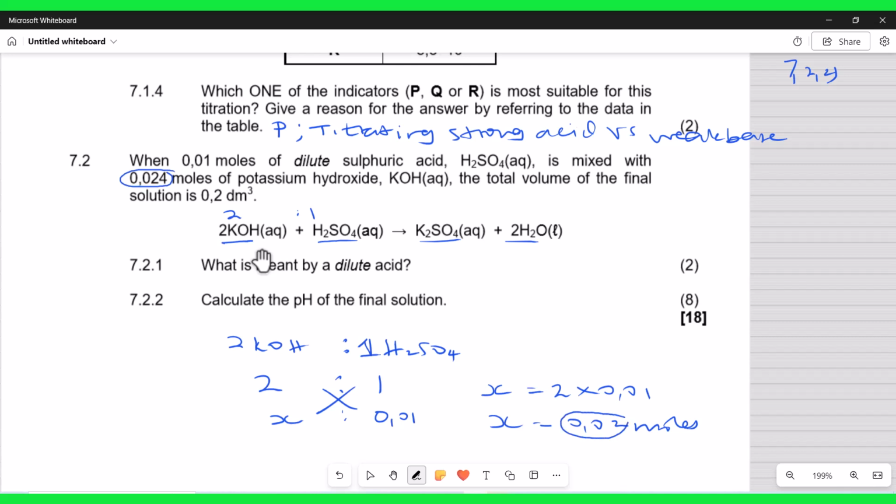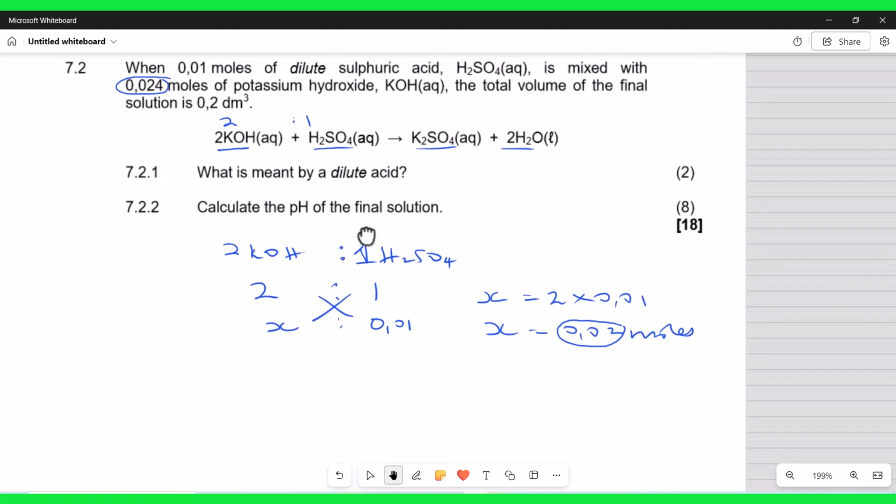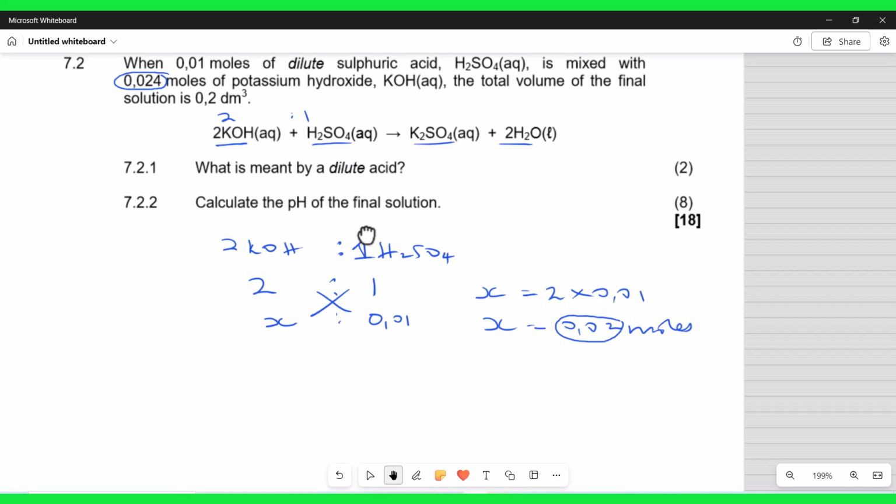So I have excess moles of potassium hydroxide, and that excess potassium hydroxide is going to be responsible for my upcoming pH. So I input my excess moles of potassium hydroxide. How do I get them? By subtracting the initial moles minus the ones to be reacted.